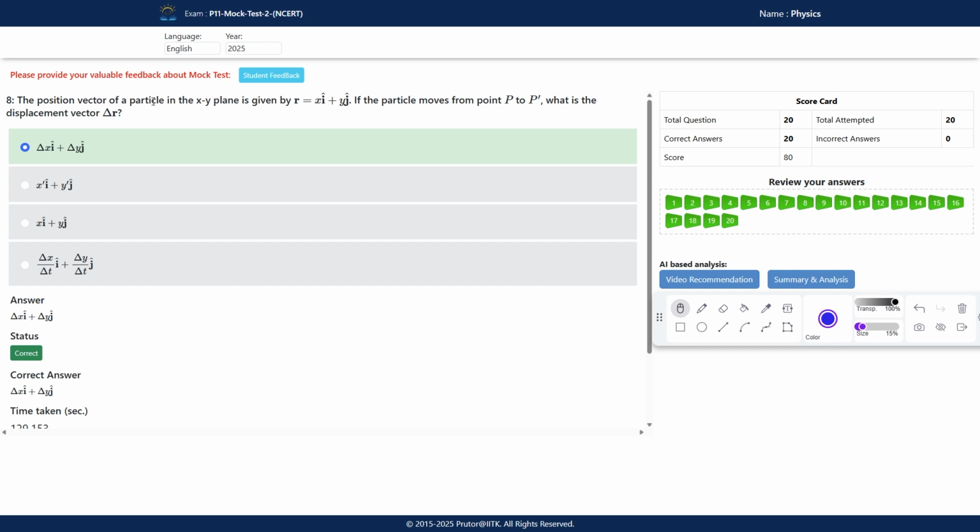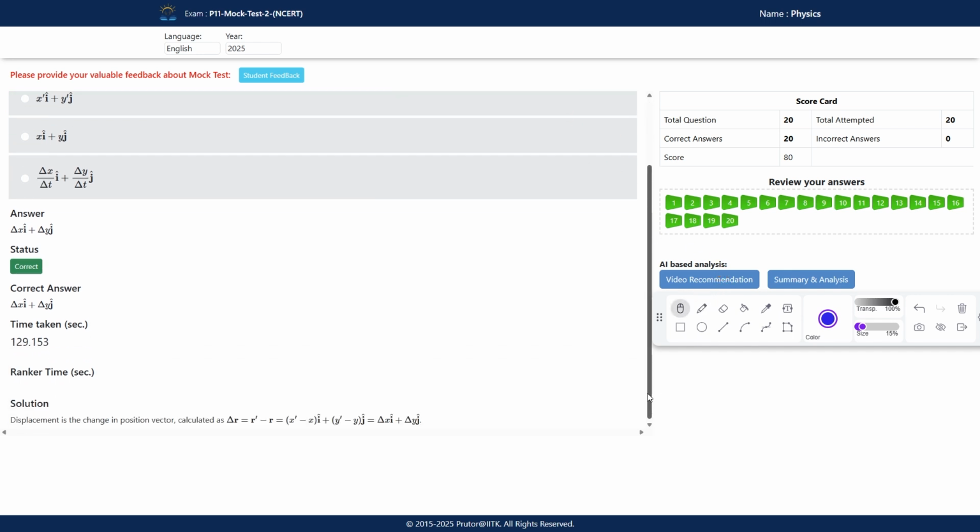The position vector of a particle in the xy plane is given by r equal to x i cap plus y j cap. If the particle moves from P to P prime, what is the displacement vector delta r? So in this question you have to find the displacement vector delta r. Suppose we have two points. This is the x-axis and this is the y-axis.